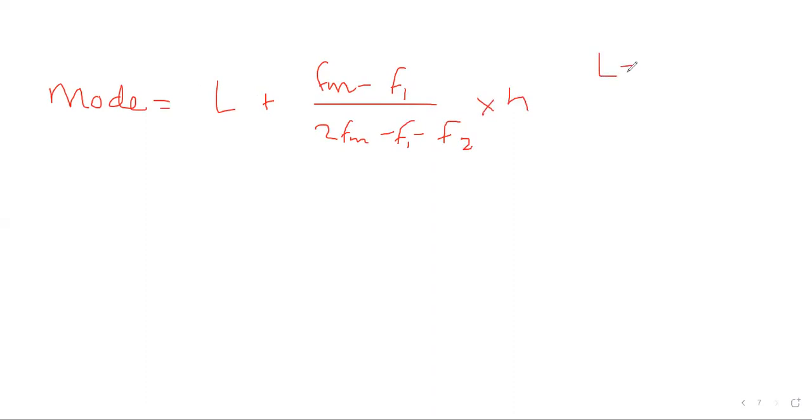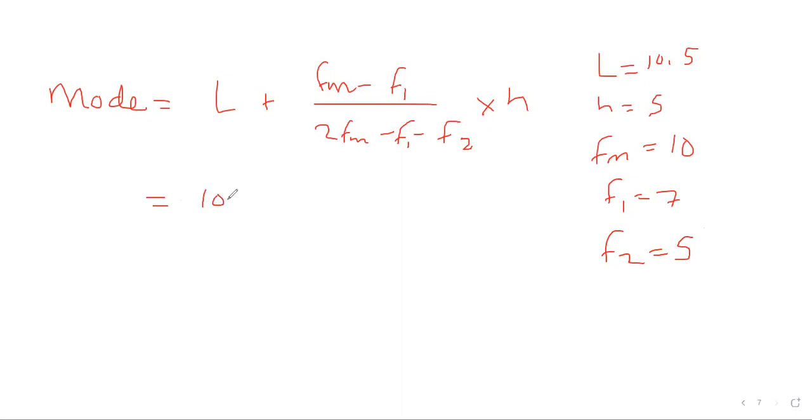The L is the same, 10.5. The height is the same, 5. Fm was 10. Our F1 is 7 and our F2 is 5. Let's see if we're going to get the same answer.